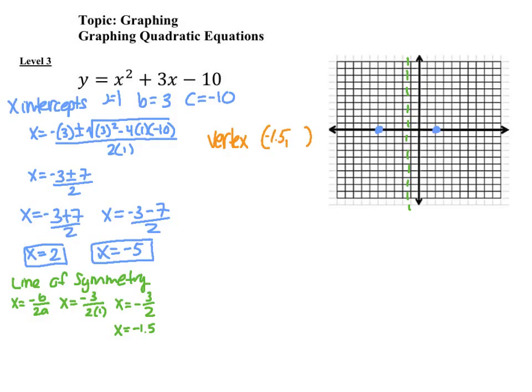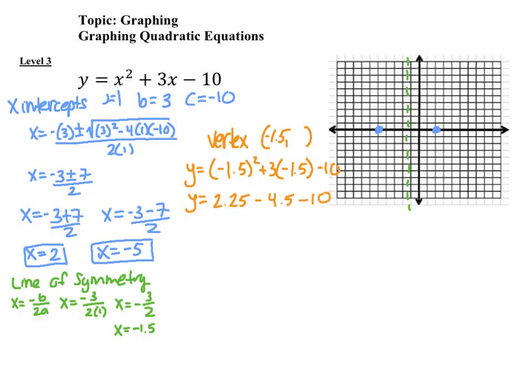Now I'm going to plug that x value into the equation. So I get y equals negative 1.5 squared plus 3 times negative 1.5 minus 10. When I simplify this more, negative 1.5 squared is going to be equal to 2.25. 3 times negative 1.5 is going to be equal to negative 4.5.